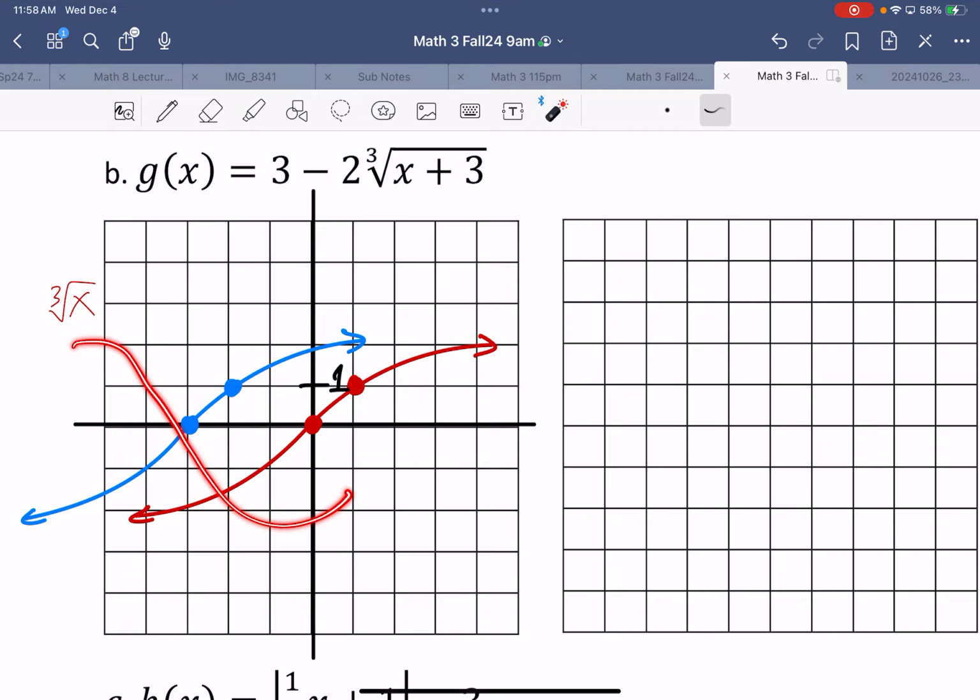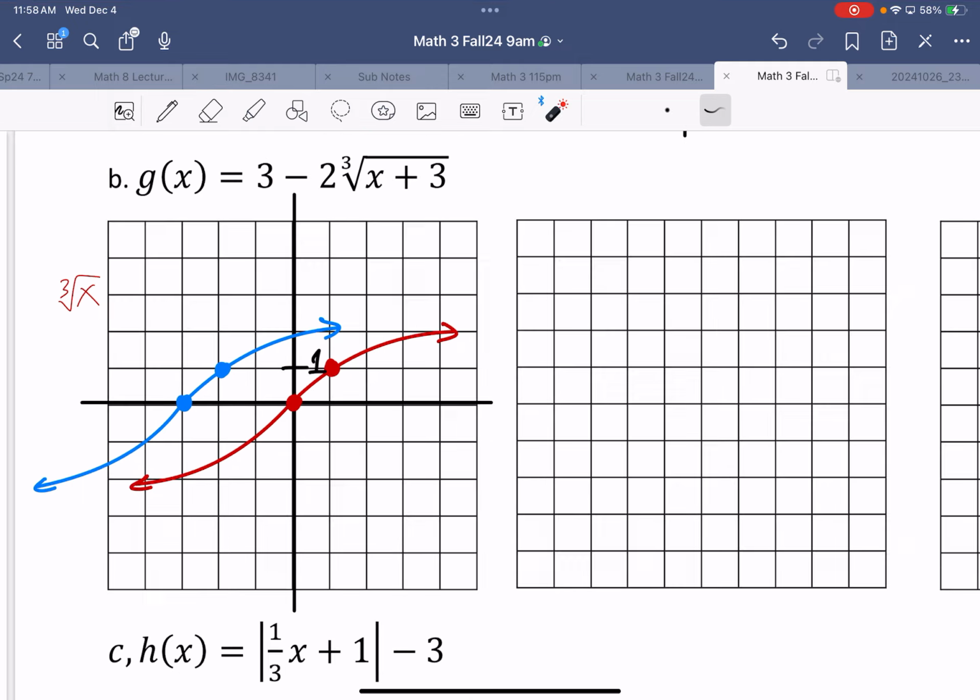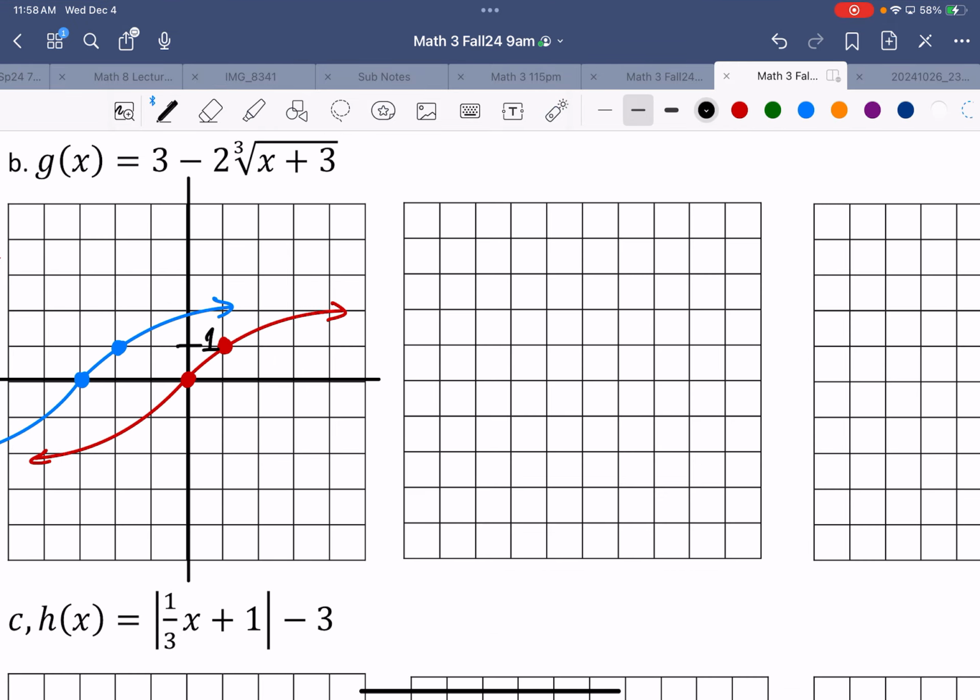I can reflect it, or I can just multiply that 1 by -2, leaving me with the point being, right now, the X is -2, but the Y is going to go down to -2 as well. So it's going to be right here at -2.